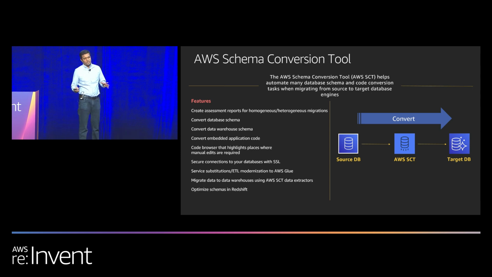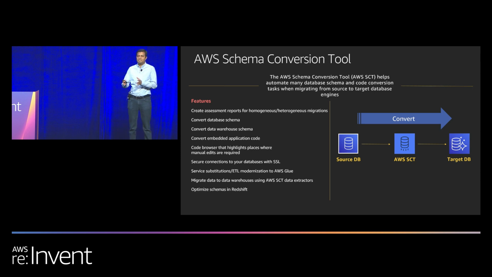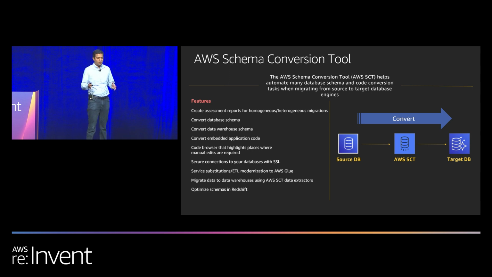Now the assessment report basically specifies how many of these storage objects and code objects can be automatically converted, and for the objects that cannot be converted, it specifies the action items required to convert them. So it guides you on what action steps you require to do manually to convert them to different objects in the target database.